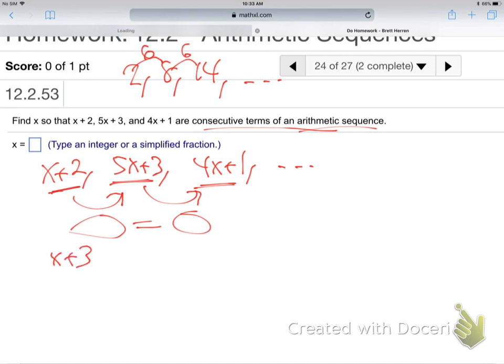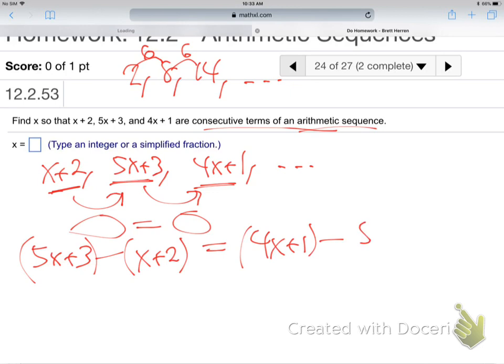All right, so I'm going to subtract the first two. That's the difference between the first two. That's got to equal the difference between the third and second. Do you see how that's got to be true? Everybody see that?